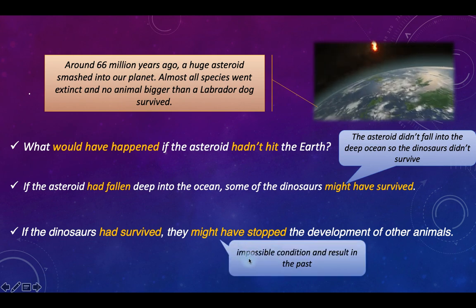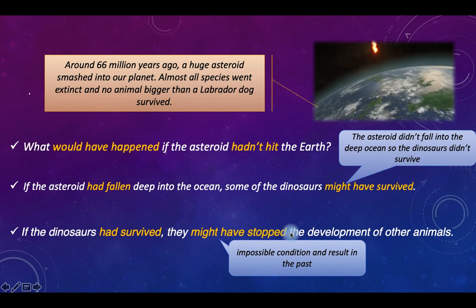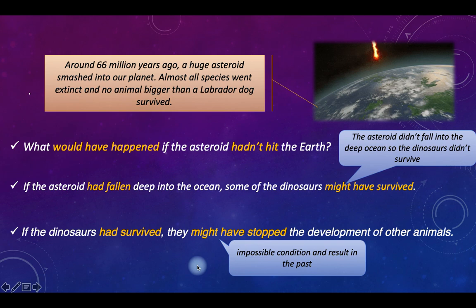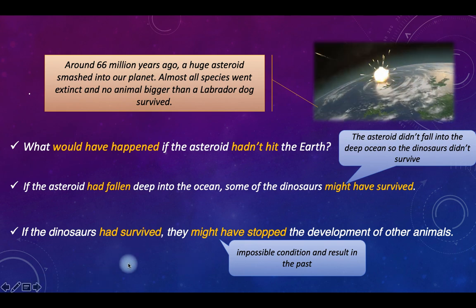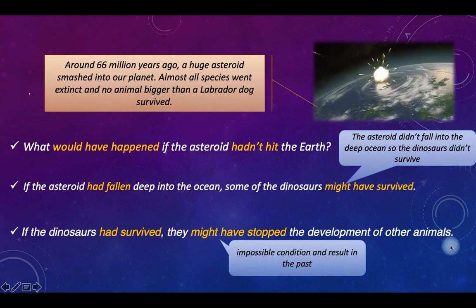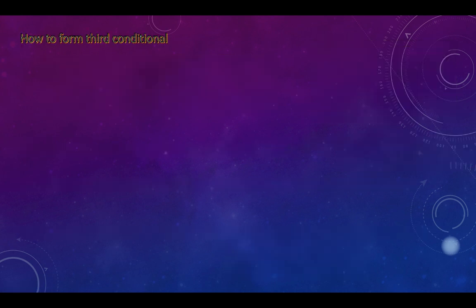It is an impossible condition and an impossible result in the past because we know what actually happened. We know that dinosaurs did not survive, and this is an unreal imaginary situation in the past. This is when we use the third conditional.